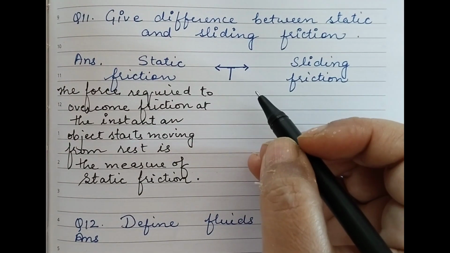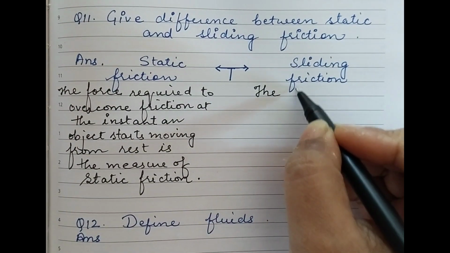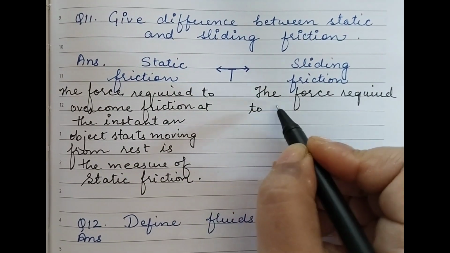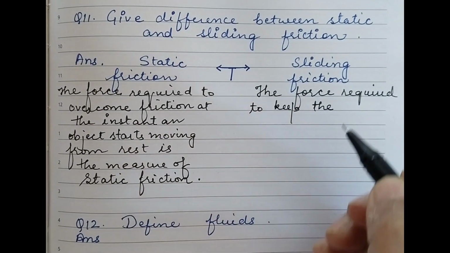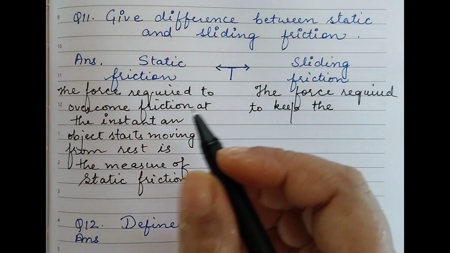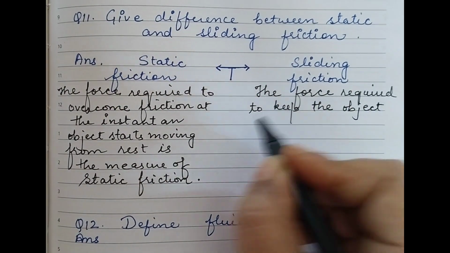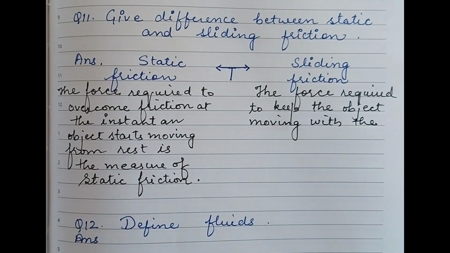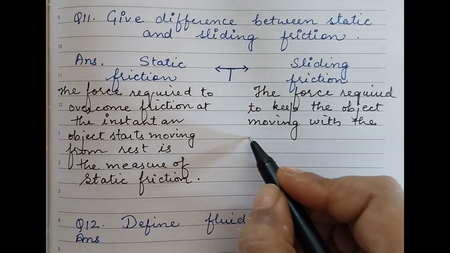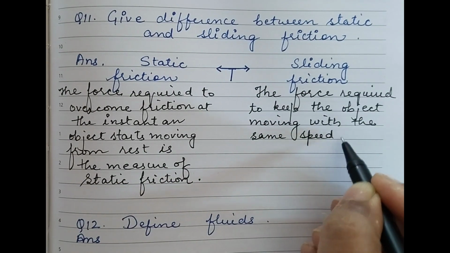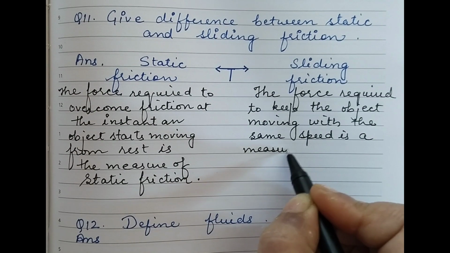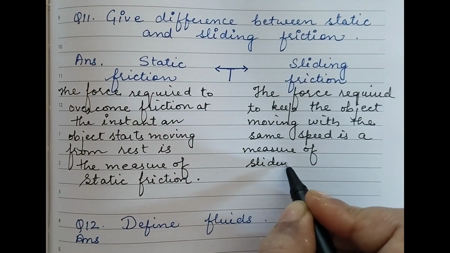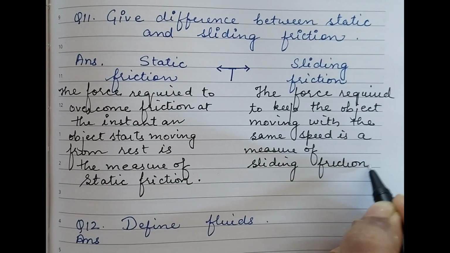In sliding friction, the force required to keep the object moving with the same speed is a measure of sliding friction.